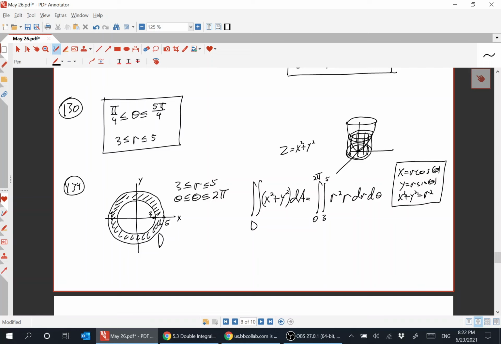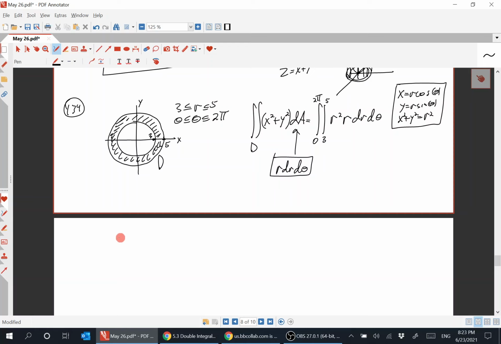You're starting with a function in Cartesian (rectangular) coordinates, and we're transforming it into polar coordinates. When you transform from Cartesian to polar, the dA does not become dr d theta. It becomes r dr d theta, and that had to do with how we set up the integral. There's that correction factor there.